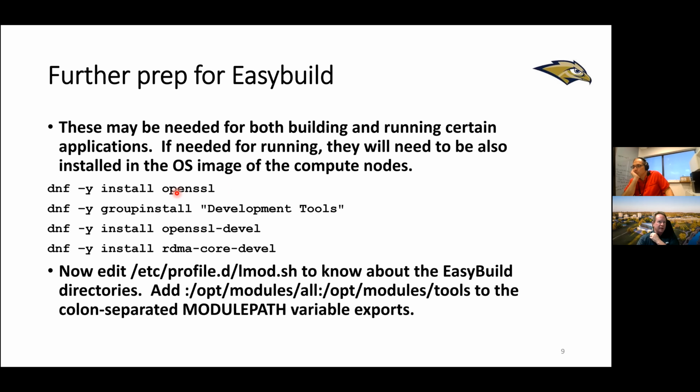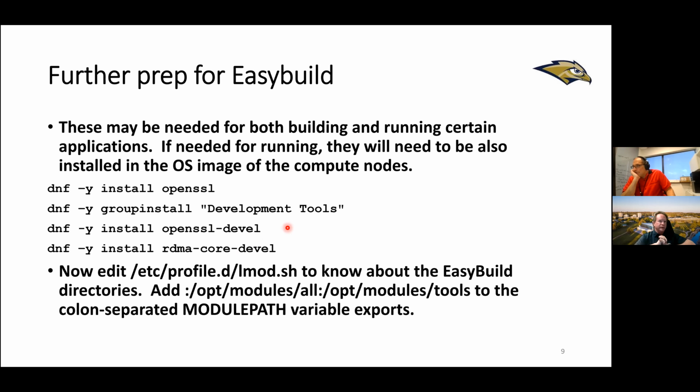So OpenSSL, OpenSSL development, the development tools, and then the RDMA core development, especially if you're in an MPI environment with an InfiniBand or OmniPath or whatever fabric, is frequently referred to in some scripts.